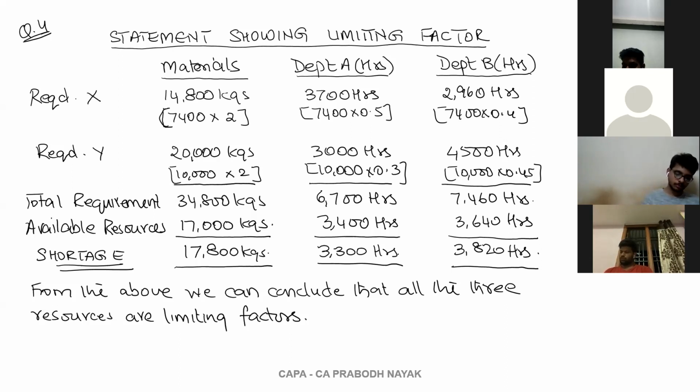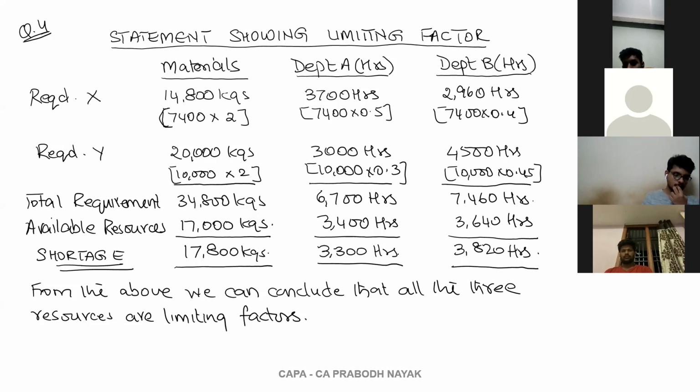We have done the statement of ranking earlier, but where the limiting factor was only one, where labor hours or machine hours were the limiting factor. So we calculated contribution per unit first and then contribution per unit of limiting factor. So only one ranking was there.